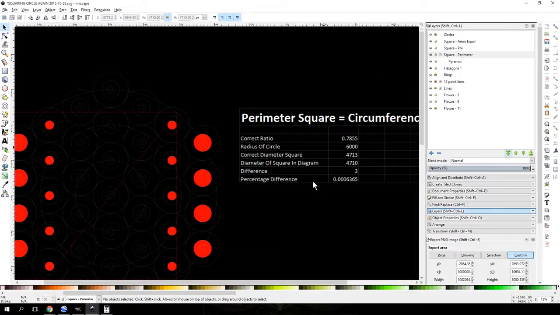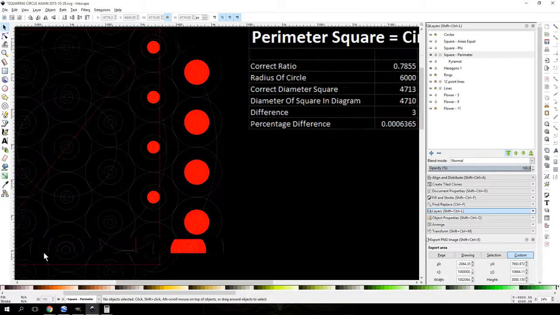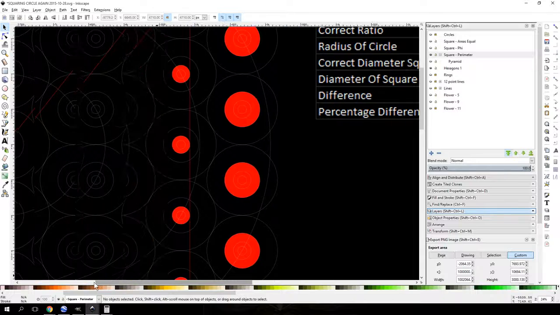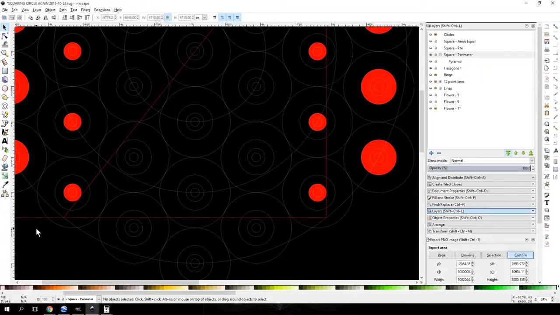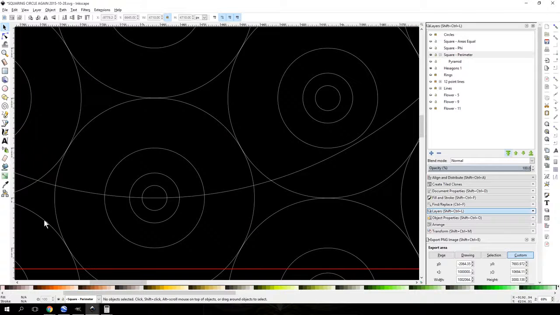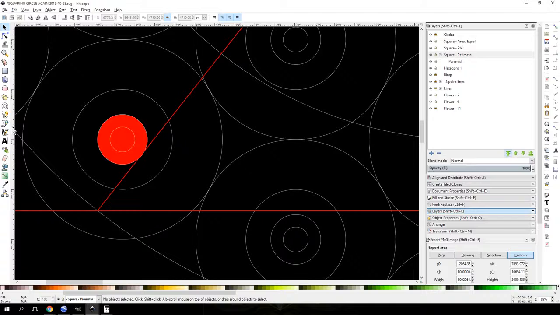Mine, because of the slight difference, this angle that you see right here intersects, see this is the circle right here, so it's still right there.